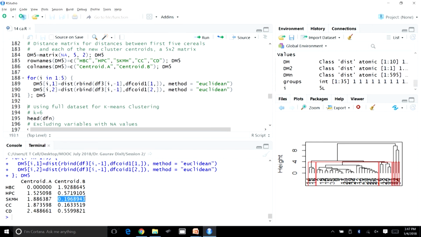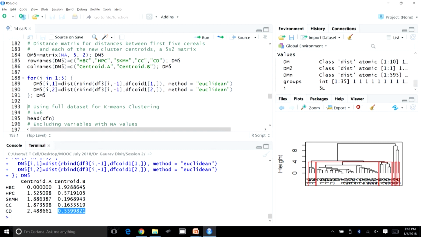For SKMH, its distance from its own cluster is smaller. CC, its distance from its own cluster is smaller, and similarly for the last one, CD. So no further reassignment is required. This is the final cluster formation. First observation HBC goes to cluster A and the remaining 4 observations go to cluster B. So this is the final formation.